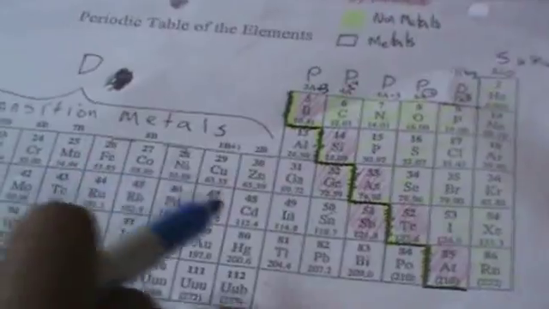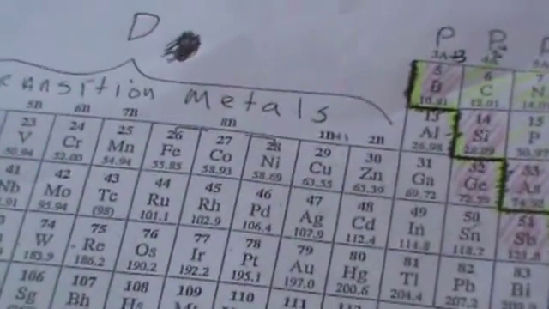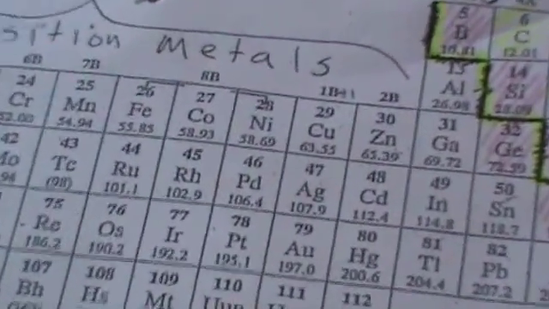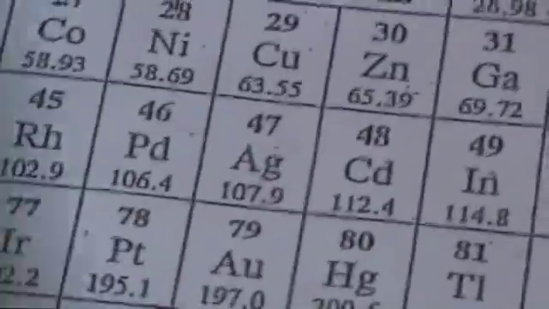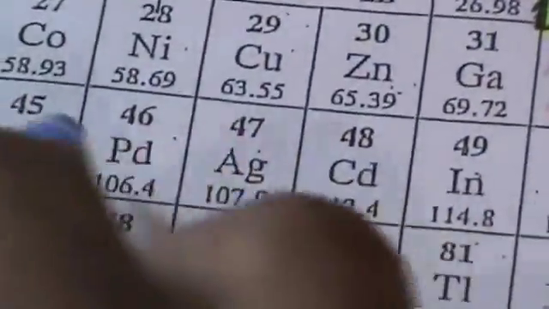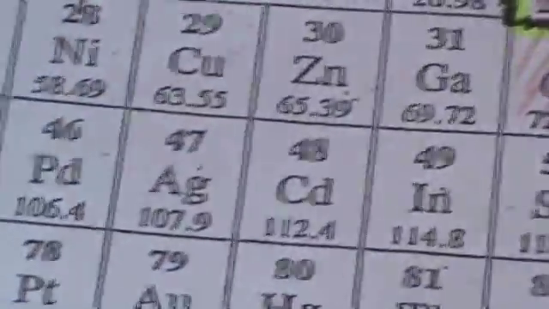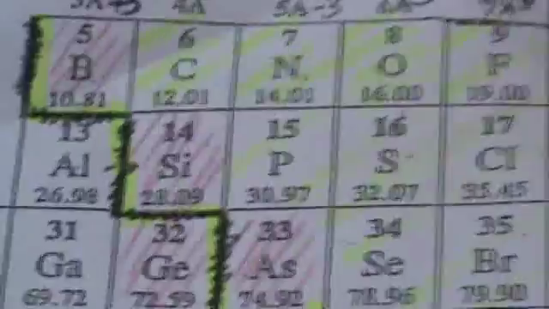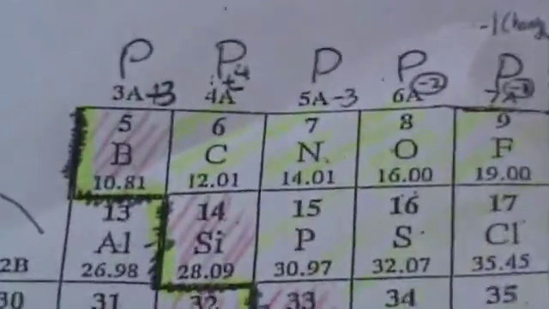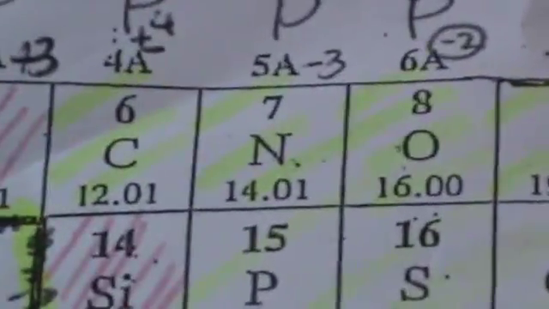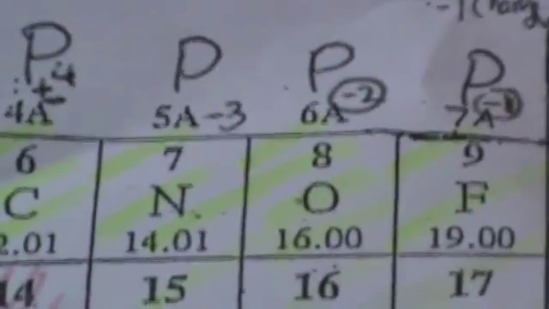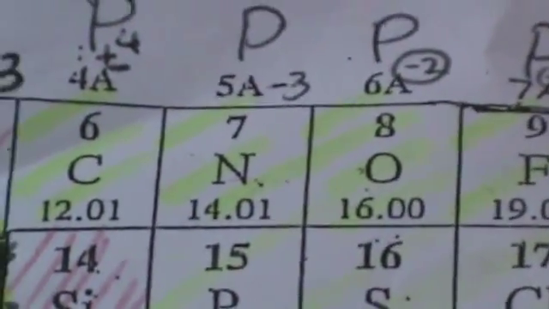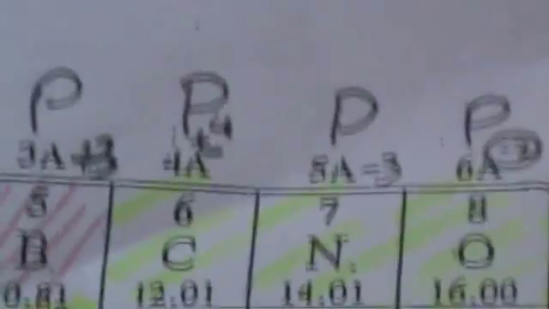Silver is 107.9. Then I'll add the nitrogen, plus 14.01, then my 3 oxygens, plus 16 times 3.